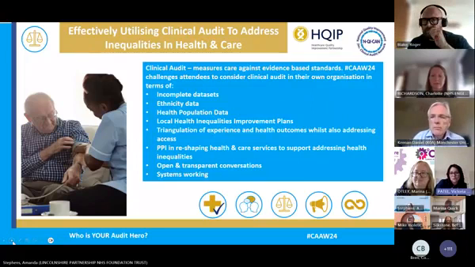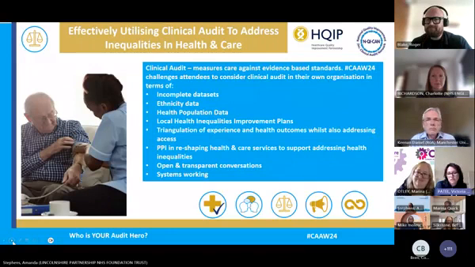So it's about going back to your organisations in terms of clinical audit and thinking about some of those incomplete data sets, in particular that ethnicity data that both Danny and Charlotte touched on, but also how you can access and understand your local health population data and your local health inequalities improvement plans, so that you are supporting the challenges we're facing with our local communities.